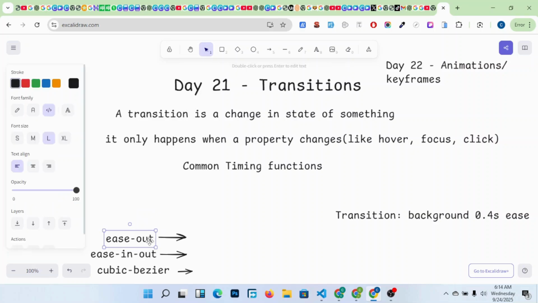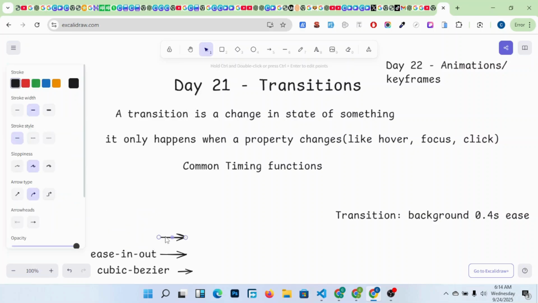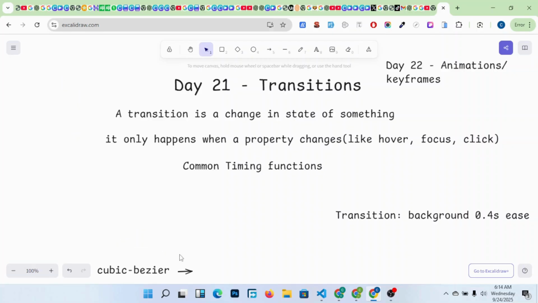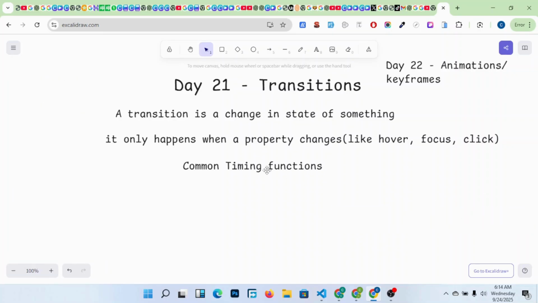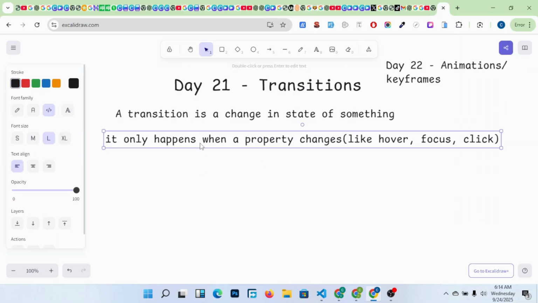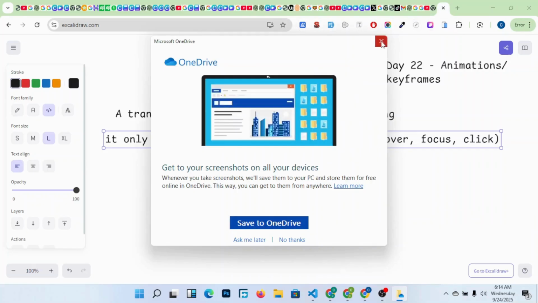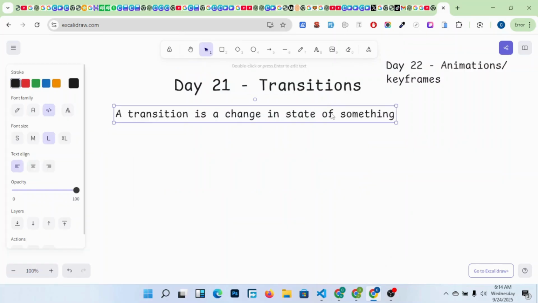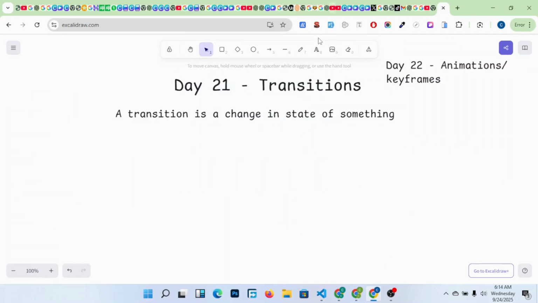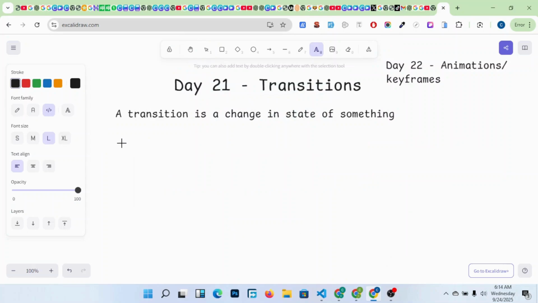We're going to something else. I hope you have mastered transitions very well. Okay, now we have something else here, which is part of transitions, but this one is a side thing.